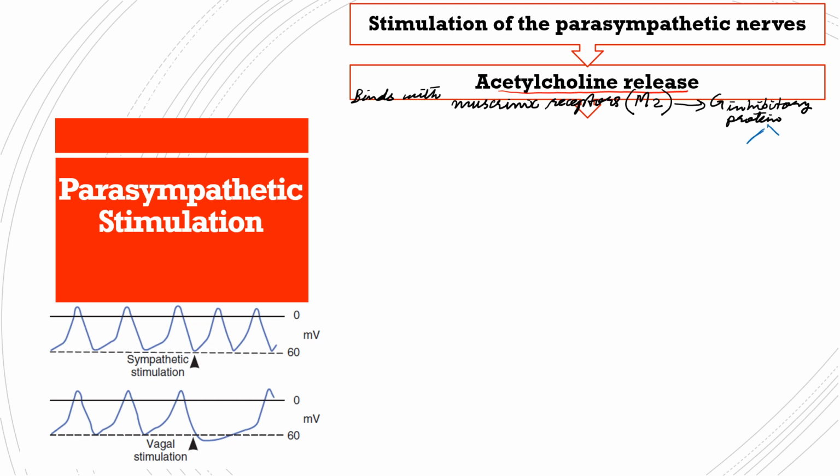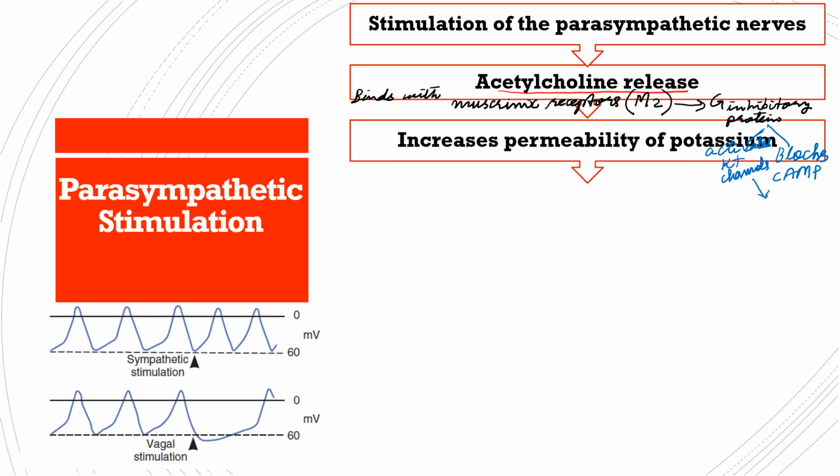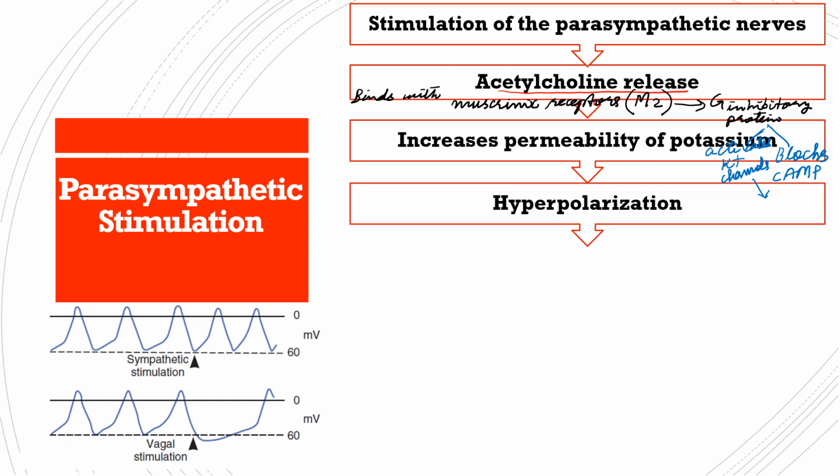Number one, it blocks cyclic AMP production. Number two, it activates potassium channels, and the potassium channel activation in turn leads to hyperpolarization.